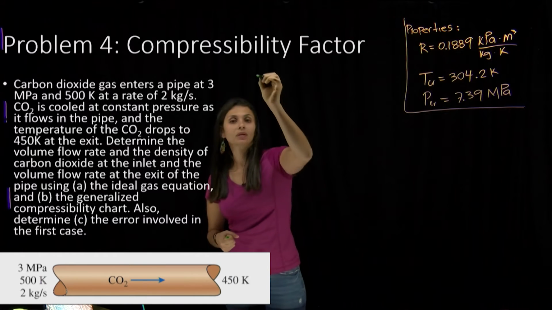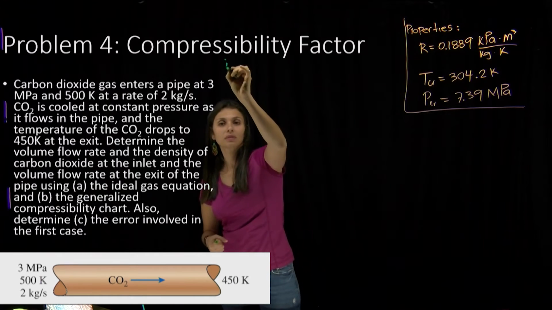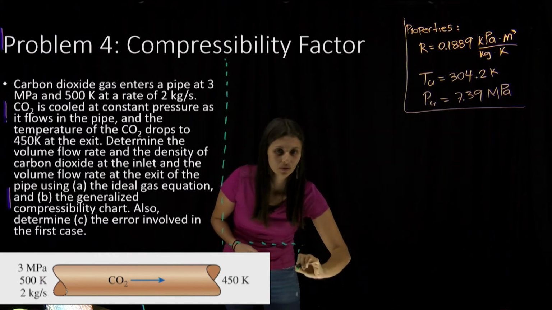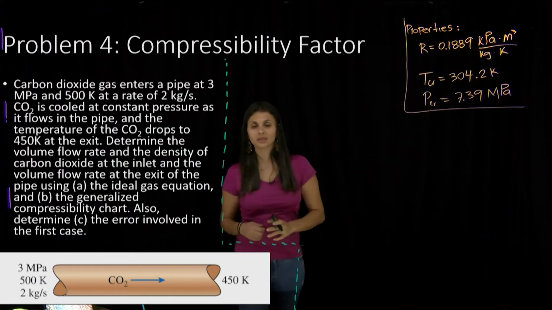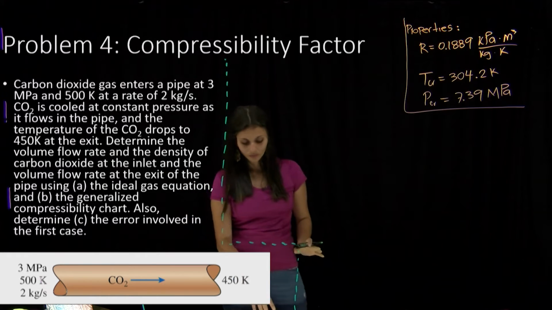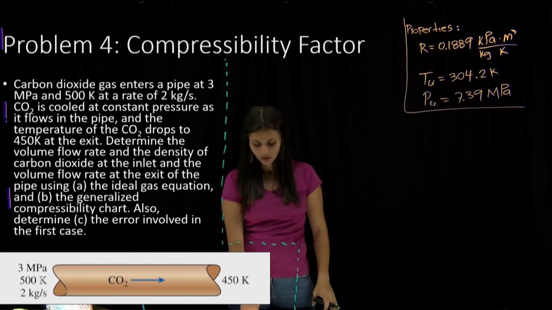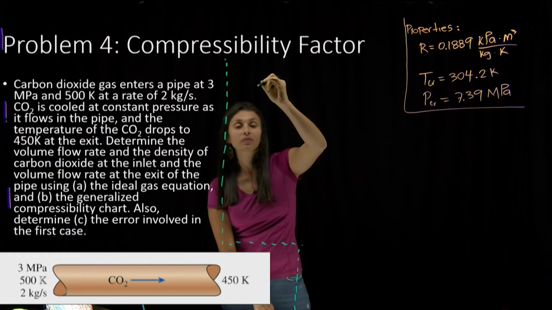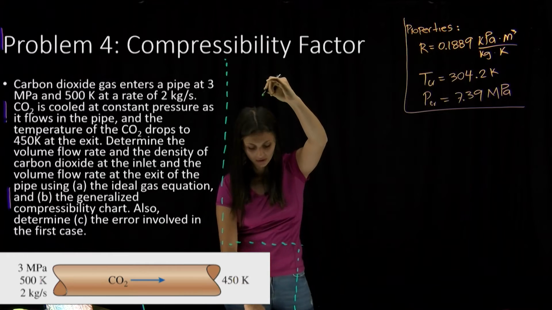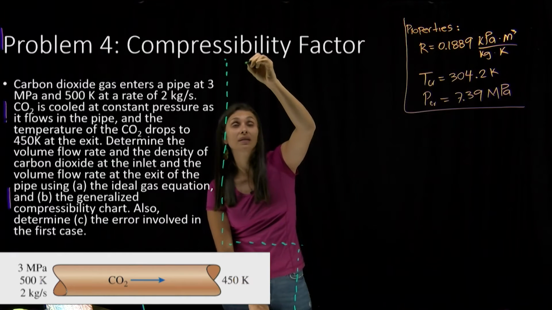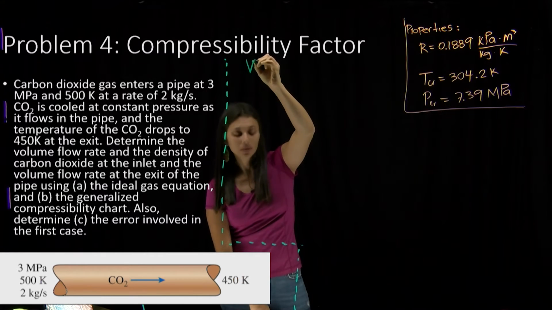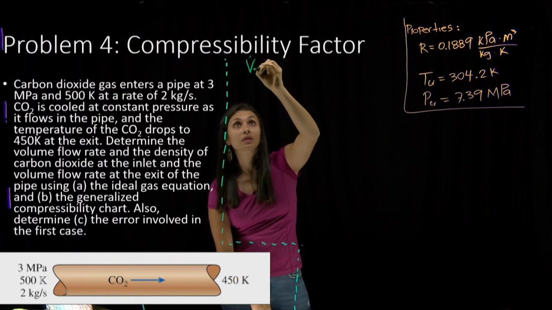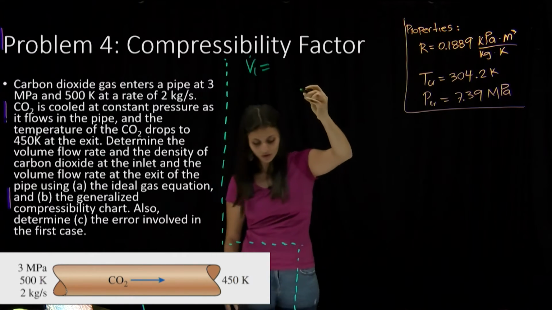I'm going to make sure I don't write over the problem statement again. The first thing will be to calculate the volume flow rate at the inlet of the pipe using the ideal gas equation.